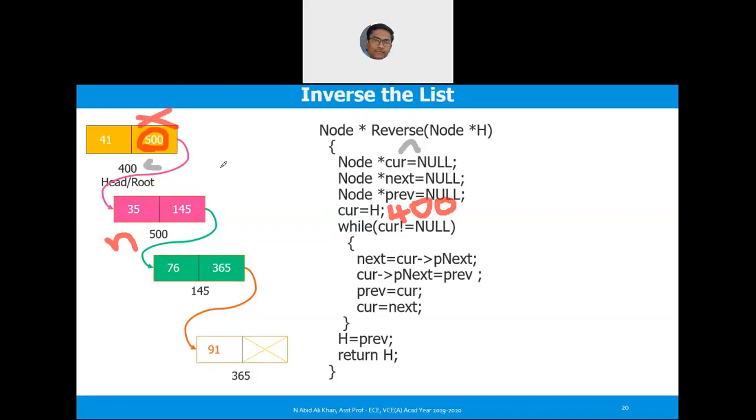Are you following? Yes, sir. Now previous is current, that is 400. This 400 is now being pointed to by previous, because I need to carry this address to reverse the link. So previous becomes current and current becomes next. Earlier current was 400, now current will be 500. Just make an analysis on a piece of paper and you will understand.